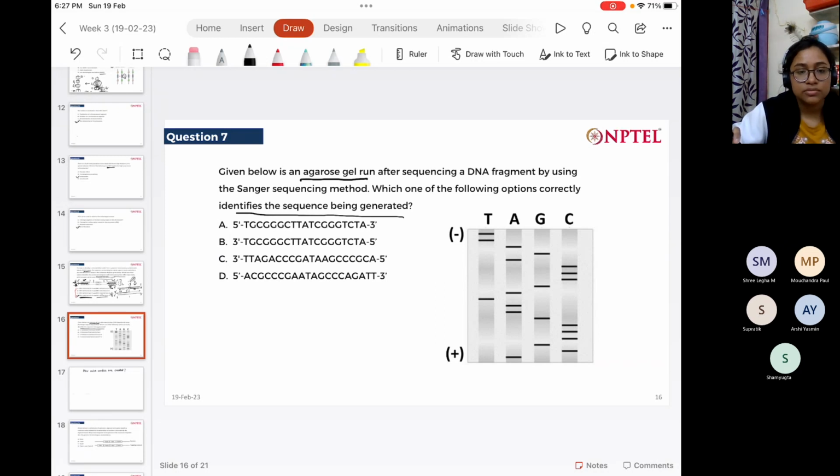I'm not going to explain Sanger sequencing again because I've already done it in the previous session. It is just an example of that concept. Using this image, you have to guess the sequence of the DNA fragment that you have given for sequencing.